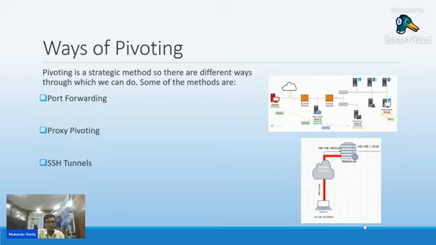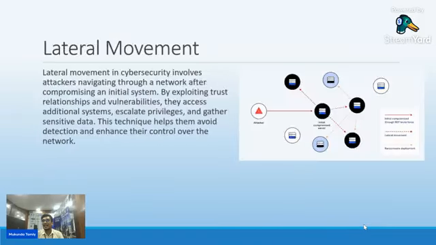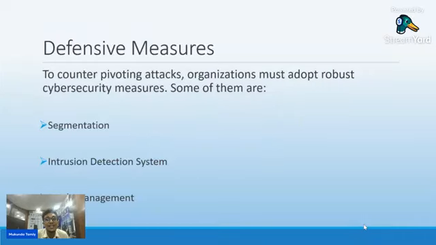Then we saw the lateral movement. What I do is scan the whole network, scan different systems, scan that particular system for a particular vulnerability. So this is the lateral movement, right? Then we saw the live demo, then the defensive measures. As I told you, we use segmentation to segment the network in different ways.